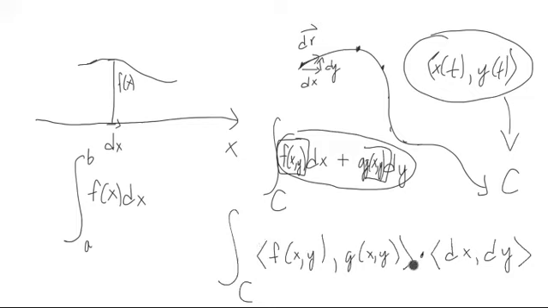We could think of this as a vector. In fact, we could think of it as a vector as follows: f of x y, a vector function with two inputs, dotted with this vector.